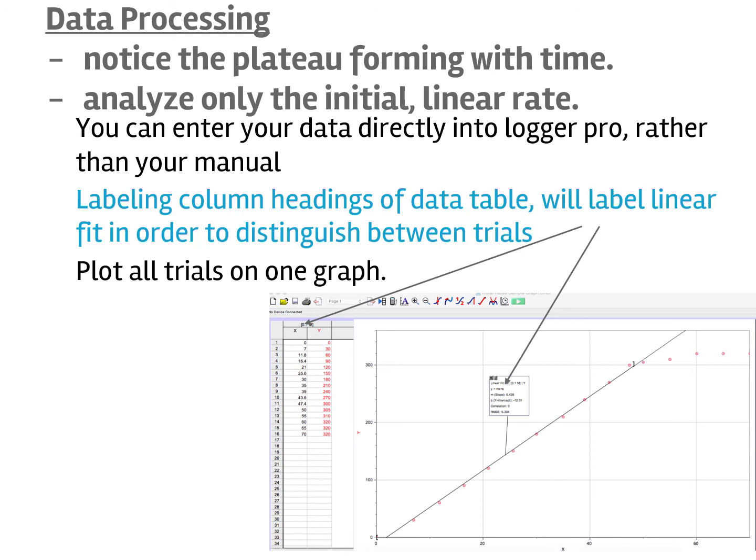But you will realize that your data will look something like, at the beginning you have a linear relationship, but then it plateaus over time, because we know that the rate of reaction is really high in the beginning and then it kind of levels off. So you'll be interested in the rate at the first few minutes, where you see the linear line, where you see the linear fit here that you can use.